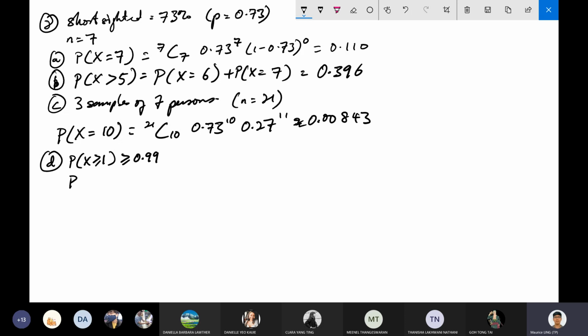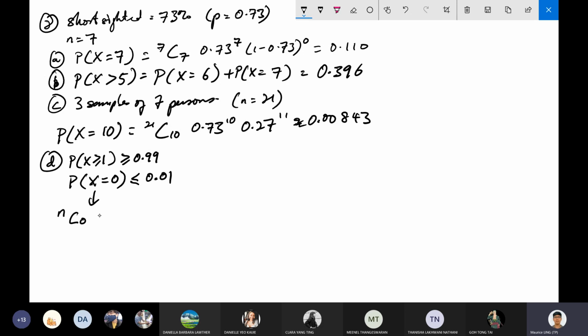So what you do is to invert it: the probability of finding 0 who are short-sighted has to be less than 0.01 chance. So it's the inverse. Then from here, you just construct your equation. Let's say n is the number of persons that you need to find.